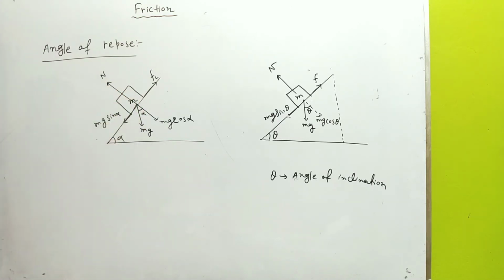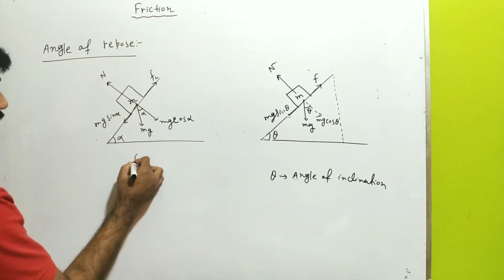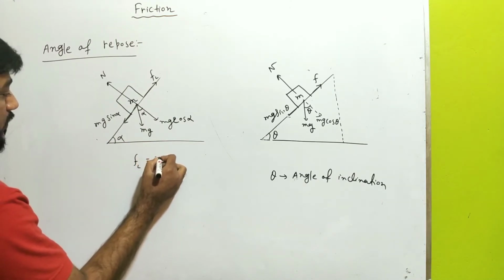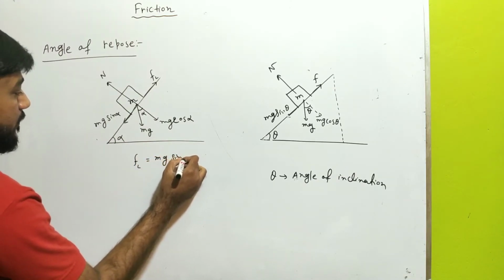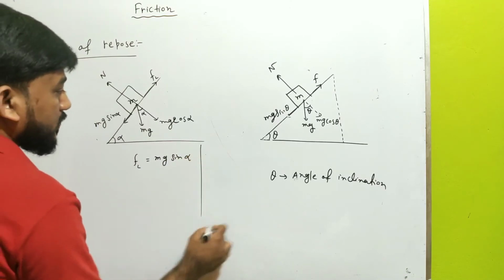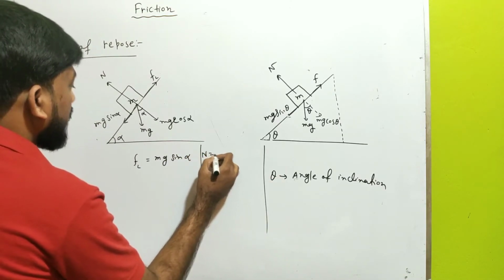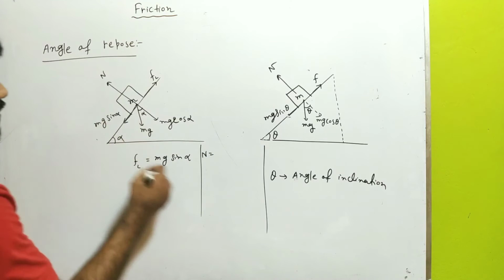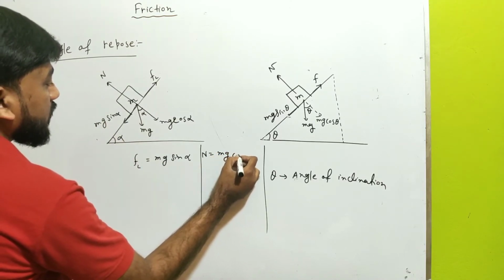So in this case, FL is nothing but mg sin alpha, and N is equal to mg cos alpha.